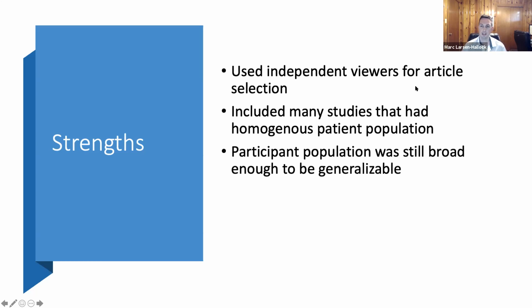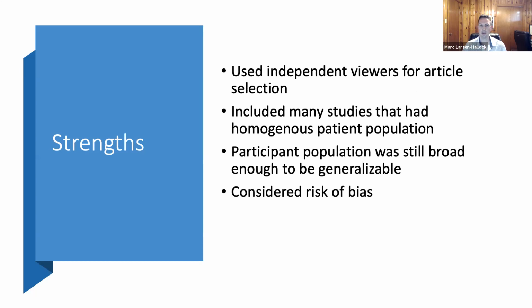Even though it was really homogeneous, it was still really broad to generalize out. Anytime we're looking at these things, we want the participants within the studies to be generalizable to the patient that comes into my clinic next week. So these are important things to think about.